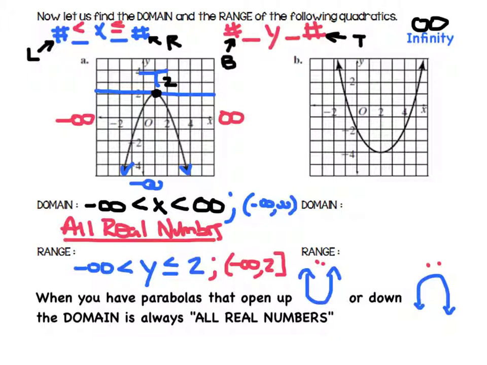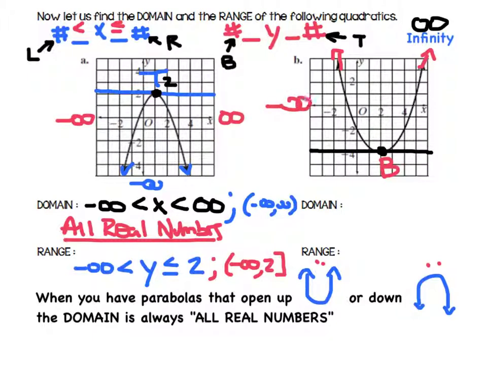Now let's look at B. Same concept, looking for domain and range. What I do notice is that my range has a limit here. There's that vertex again, and notice it's at the bottom. But if I was to draw this graph continually going in either direction, left or right, because I'm looking for my domain first, it never stops.